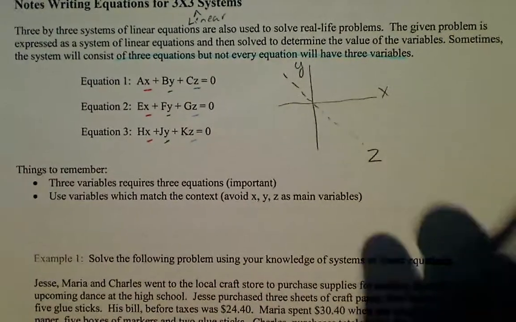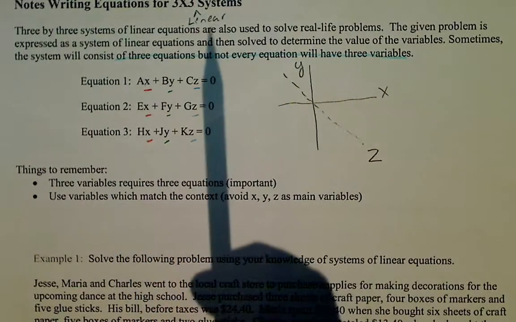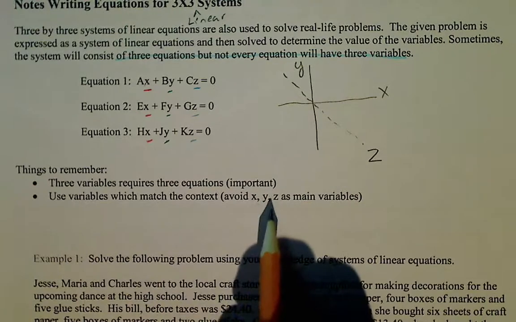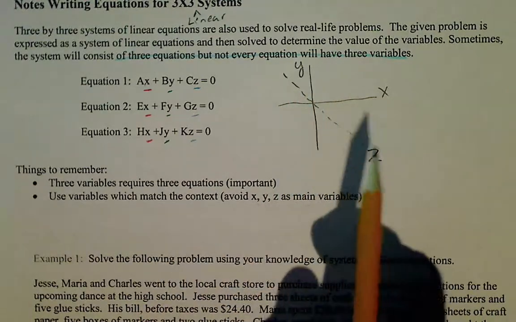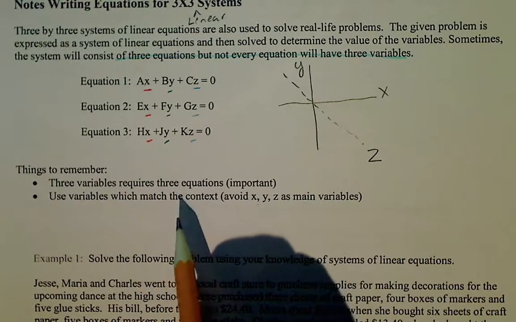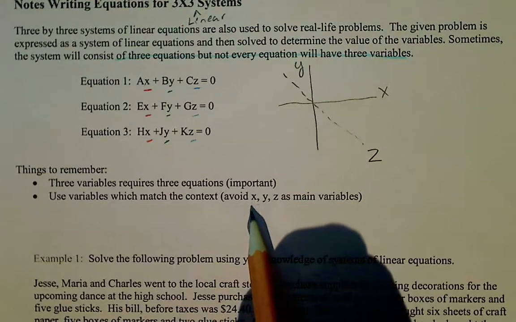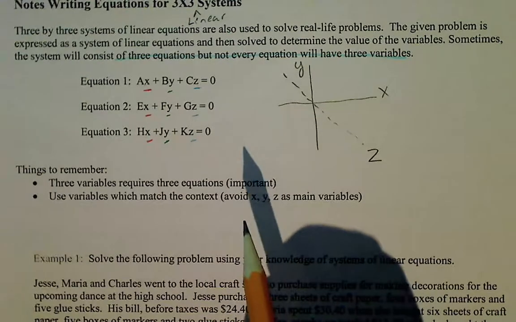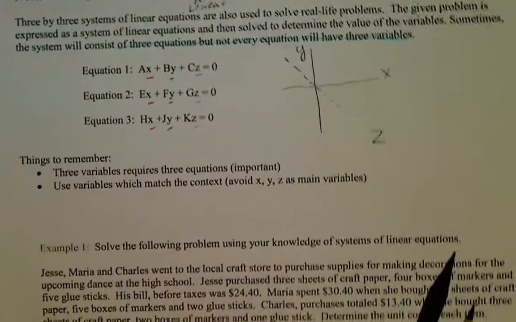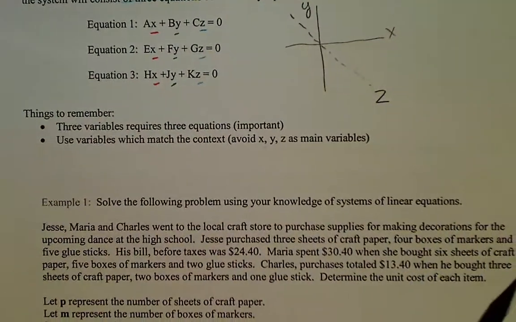First thing to know is 3 variables, 3 equations, but try to avoid XYZ as much as possible. I know I presented it as XYZ, but when we do this in context, we're looking at variables that match the context itself. Now, if you are comfortable using XYZ, use XYZ. It's not that big of a deal, but just understand that you will not always see just XYZ.